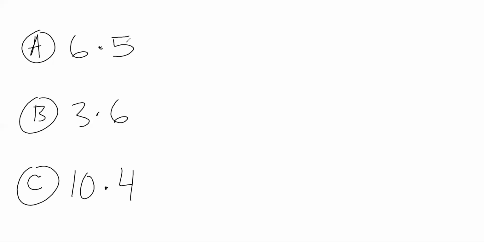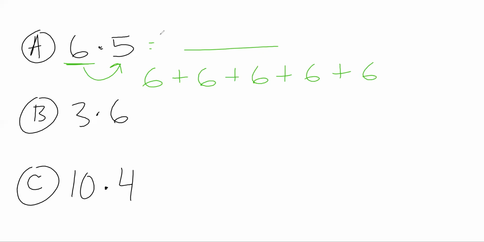Okay, so this is where you paused it and did your work. You are now coming back. Your work's done. Let's walk through these together, again thinking about what we mean here. In order to solve this one, I have the number 6, and I have it 5 times. So 1, 2, 3, 4, 5. Now we can use those doubles facts. 6 plus 6 is 12.